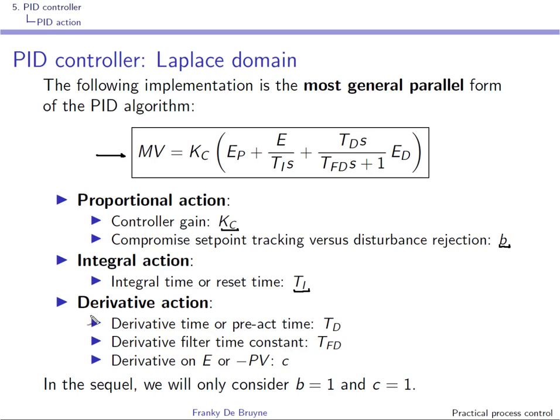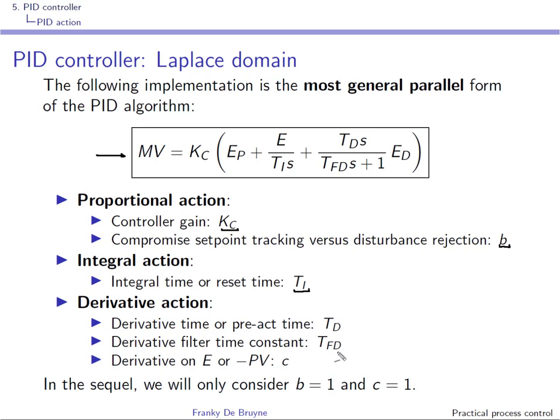Here we have 3 parameters associated to derivative action. The derivative time constant allows you to work with an error that is an estimation of the error in the future, and TD here is really how much you anticipate or how far you anticipate. When you take derivative action, you have to use a filtered derivative, right?